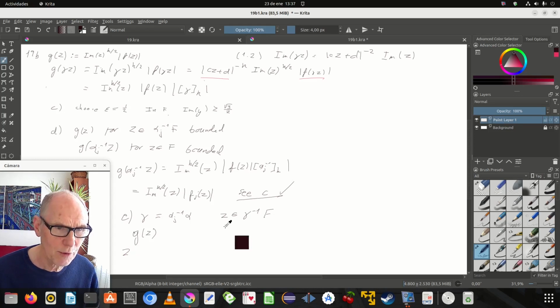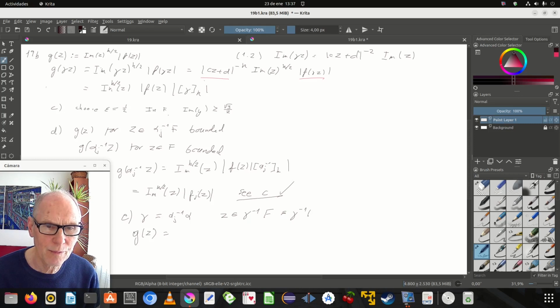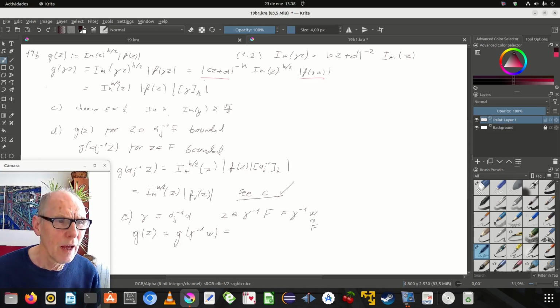No, we already wrote that. And then we write this as alpha of W, where W lies in F, in the fundamental domain. And apply the formula above again. Here we have it.